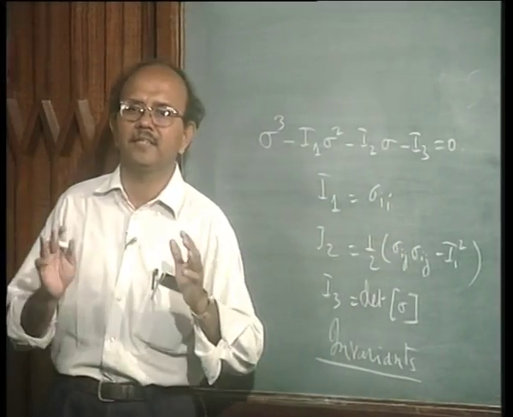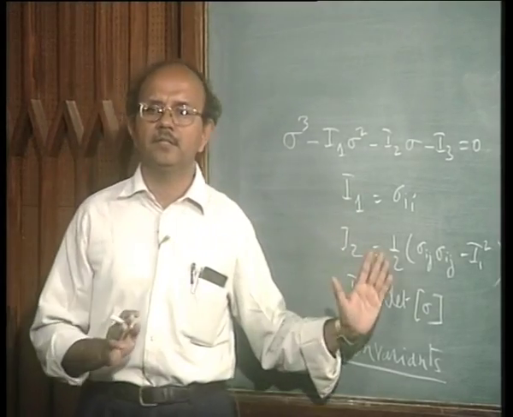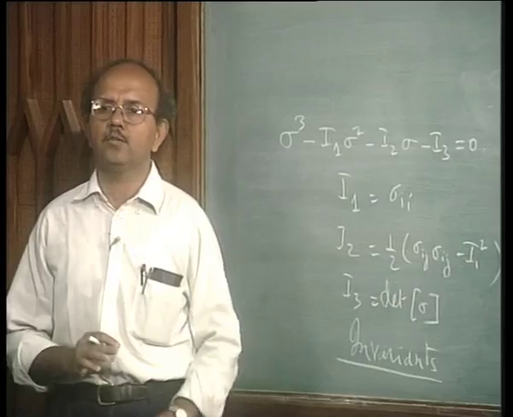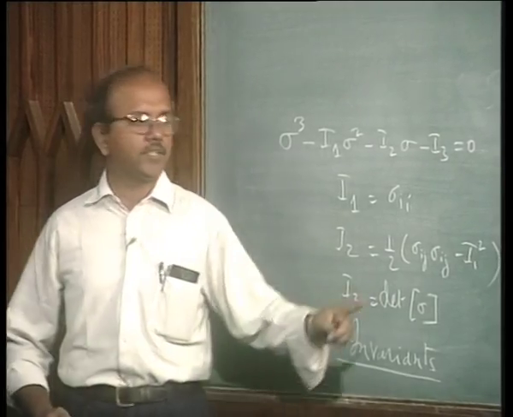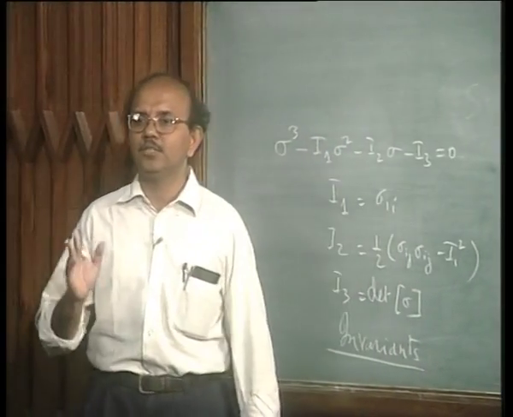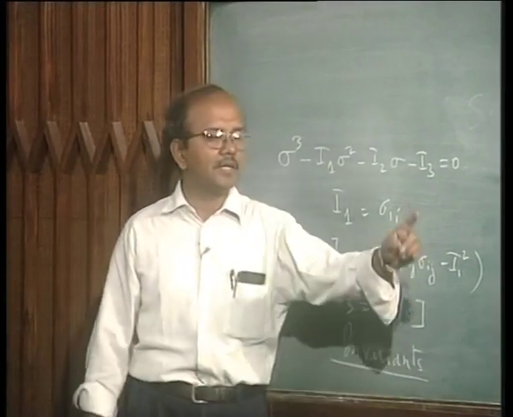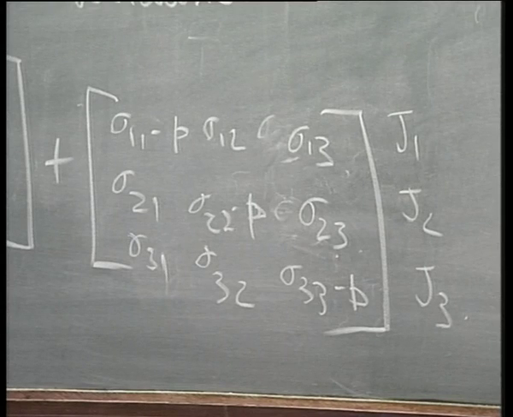So, when I say second order tensor and I want you to write down 3 invariants, these are the invariants. In the same fashion, the deviatoric part also has invariants defined, and these invariants are called J1, J2 and J3. So, what happens to J1? Trace of S here.